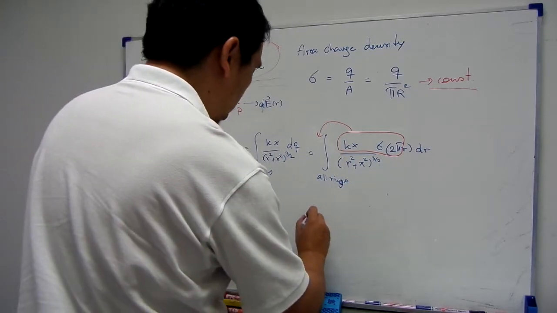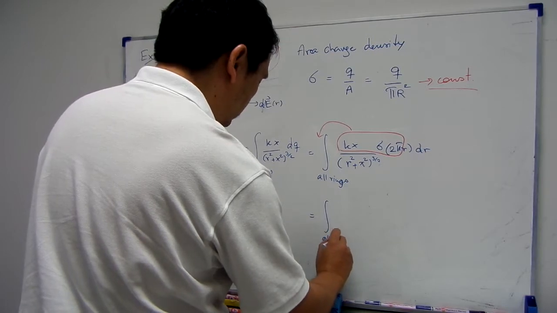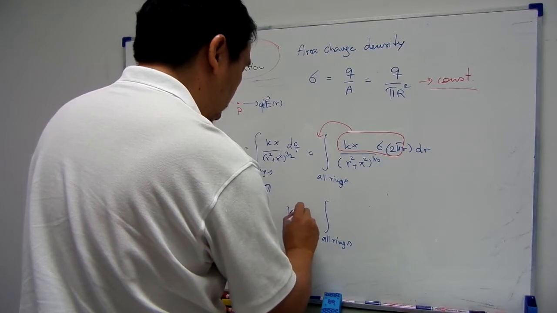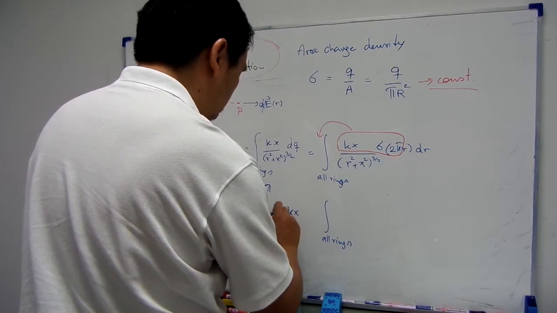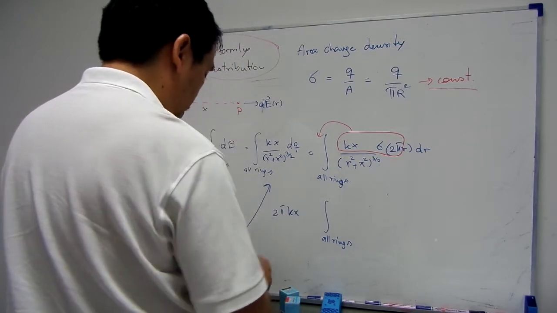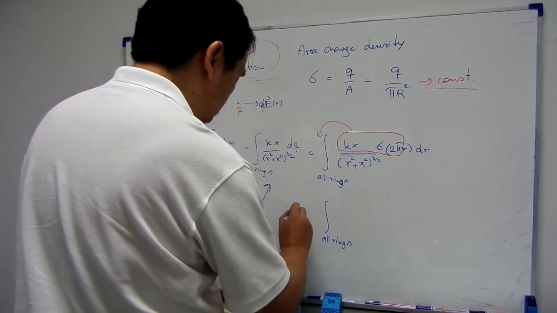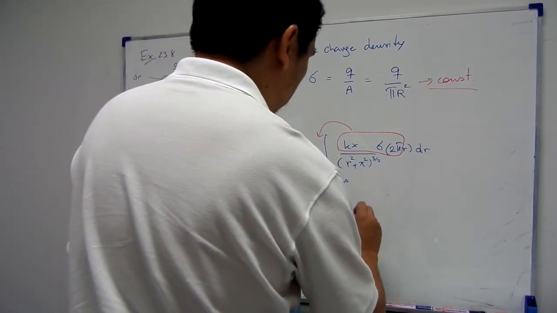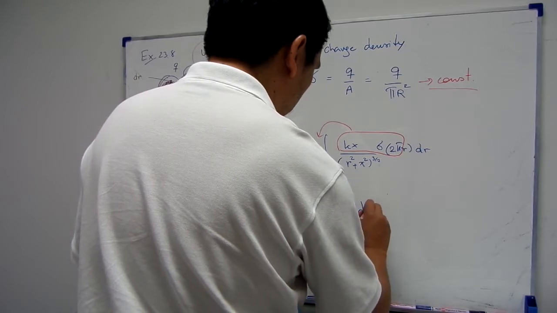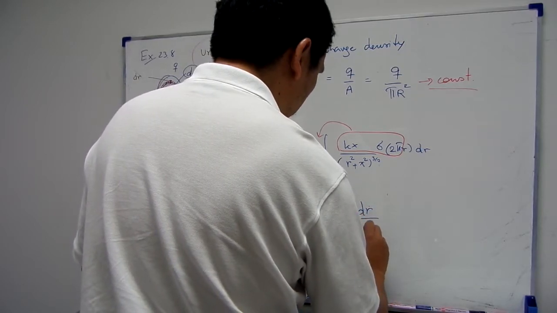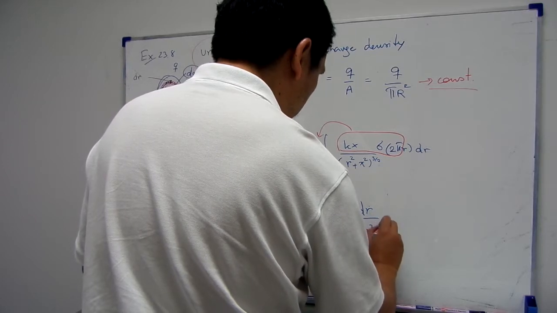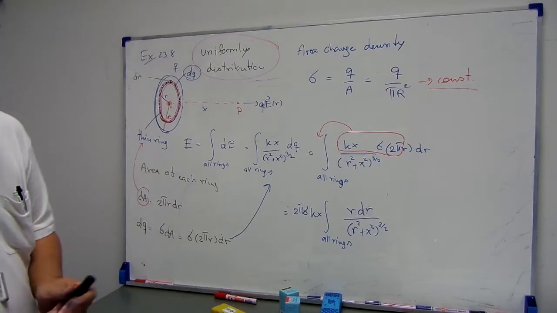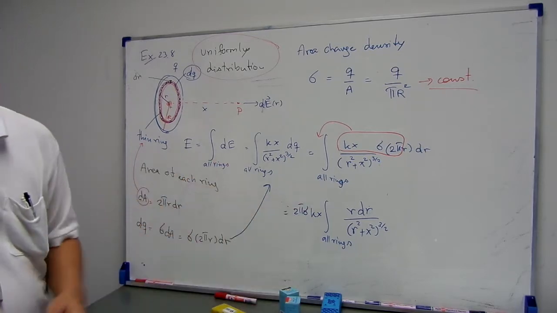So we have that this is the integral over all rings of 2 pi sigma kx, times the integral of r dr over (r squared plus x squared) to the power of 3 over 2. That is the mathematical expression for the integral here.